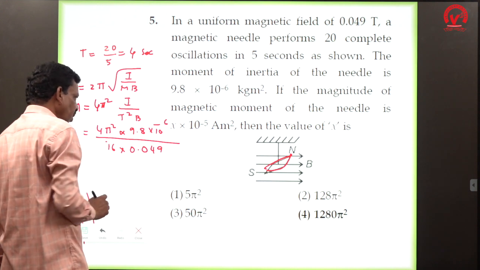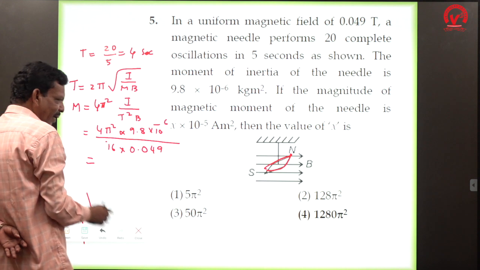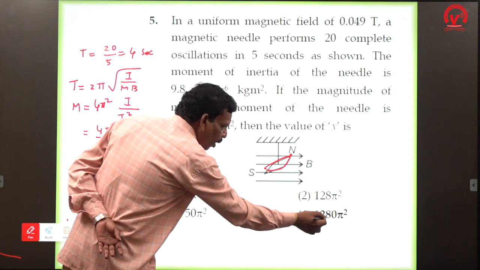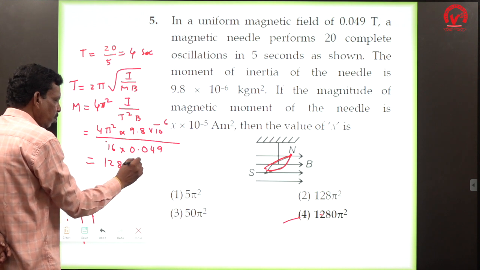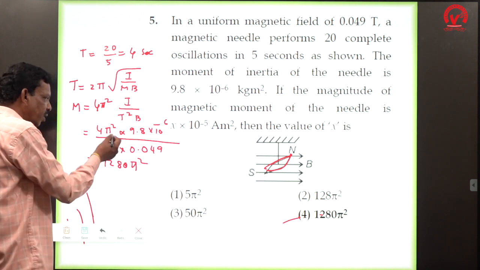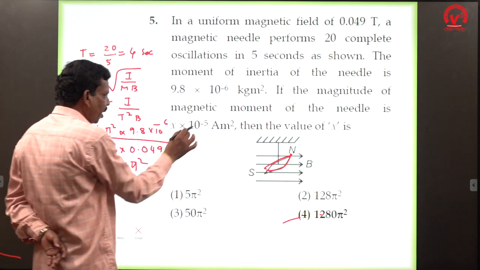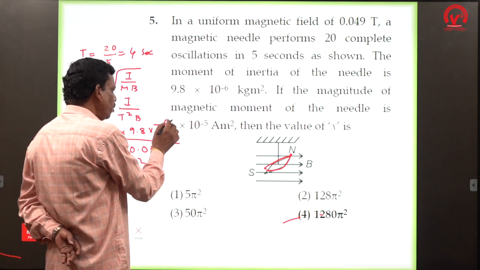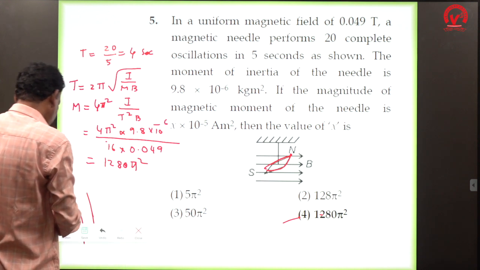So you have to calculate this value. You get 1280 pi square. So calculate it. You get this value as the x value. Here 10 power minus 5 we get. So the x value is 1280 pi square.